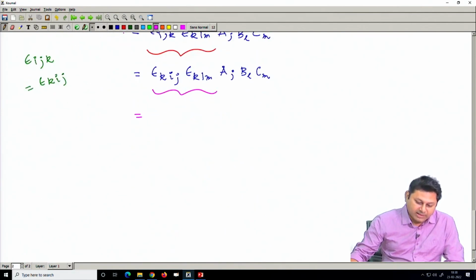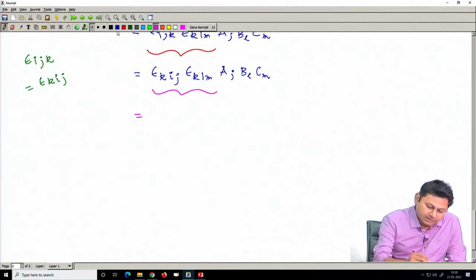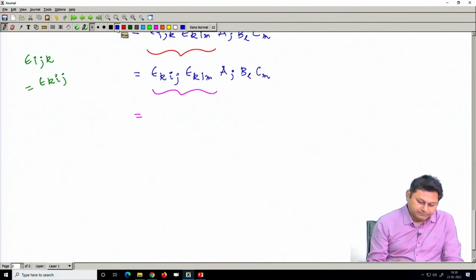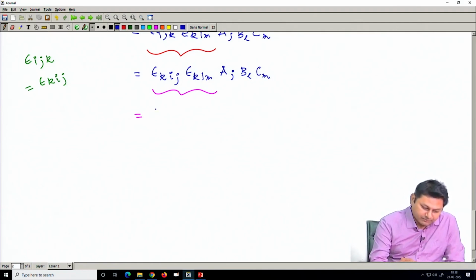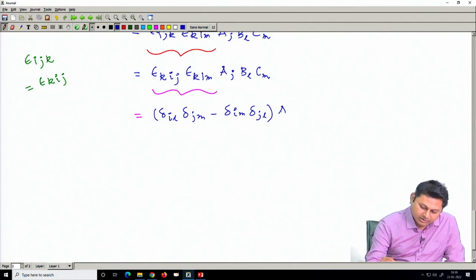So, I am going to expand this, and it should be delta I L, because the kth is here, delta j m minus delta I m delta j L, and the rest of the term.